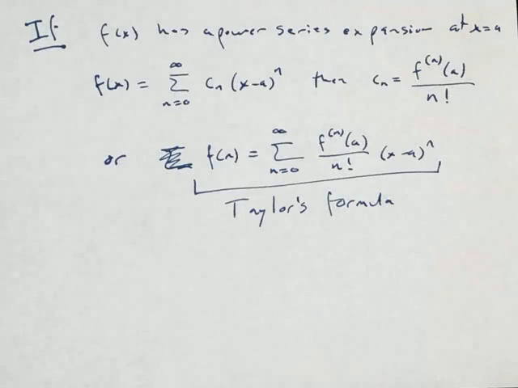If I have a function and that function has a power series, then the coefficients of the power series can be determined by taking the derivatives of the function and dividing by the factorials. Any series of this form is called a Taylor series, and this particular expression is called Taylor's formula.